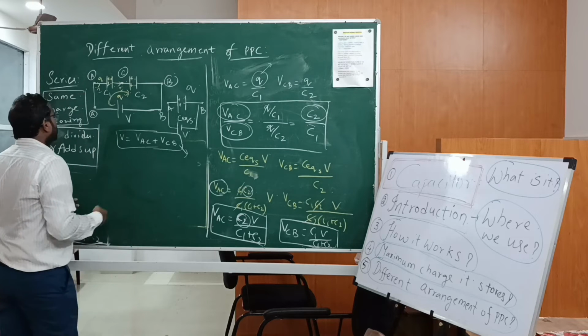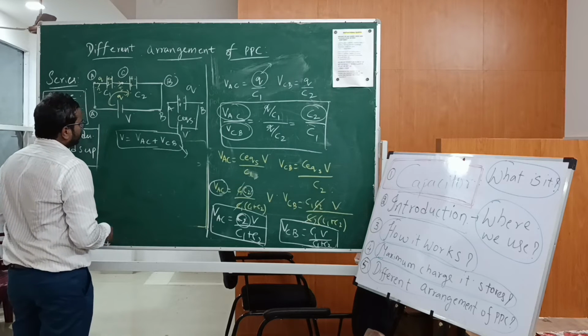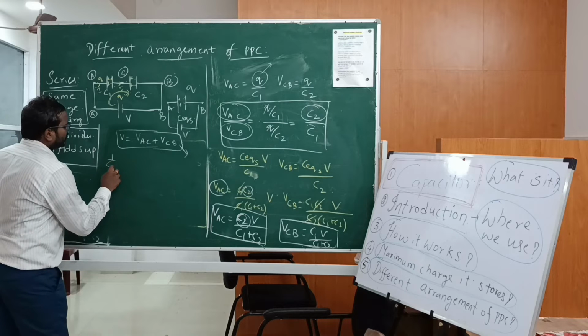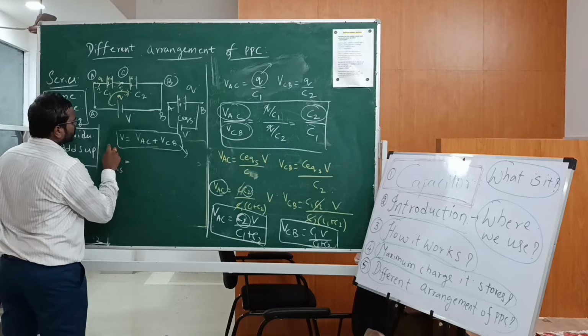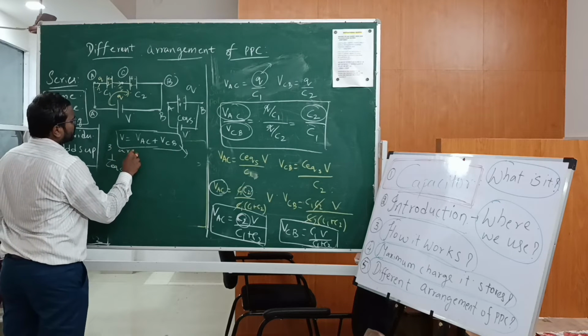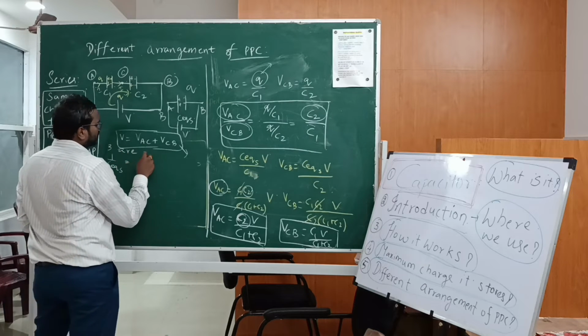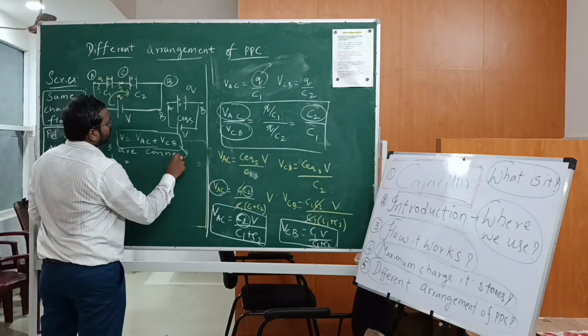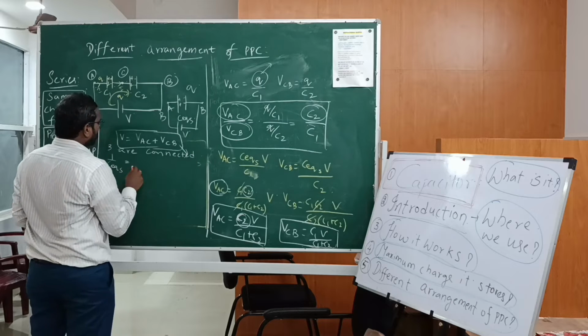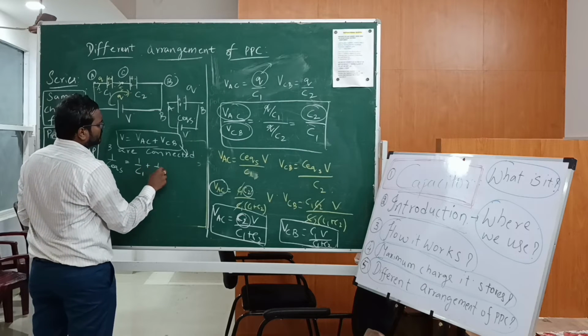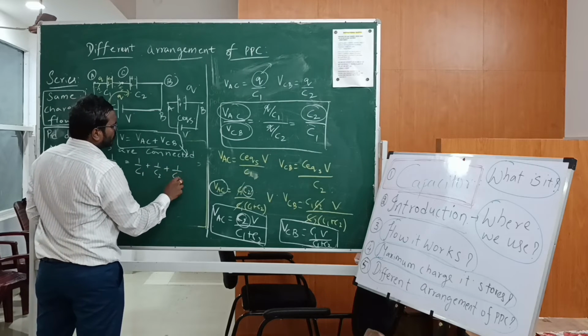So whenever three different capacitors are connected in series, 1 by C equivalent is equal to 1 by C1 plus 1 by C2 plus 1 by C3.